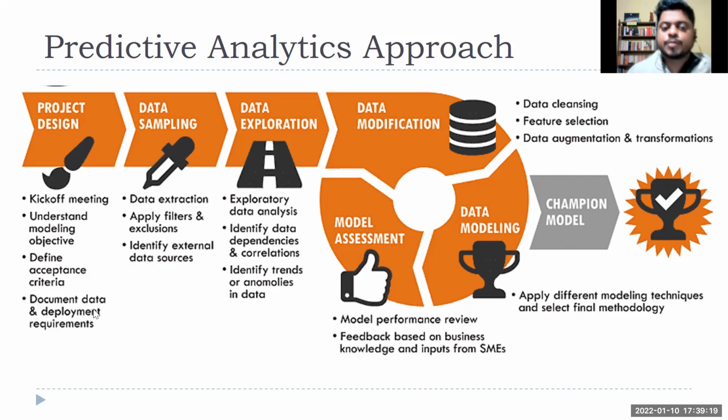Then the next is documenting data and deployment requirements. And this is where many projects fail when they do not document it properly, because that is something very critical. If I do not know what kind of data I require, so data basically I'm talking about the features, the variables which I'm going to collect, the independent variables, because the dependent variable is known.